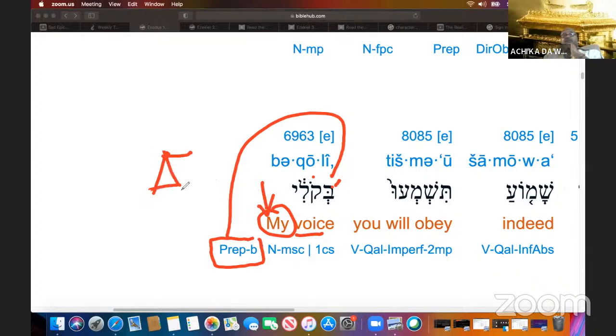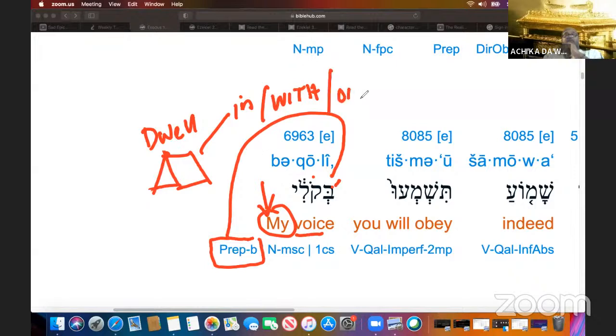Well, the bet is a tent, and the tent means to dwell. And you know, to dwell, you can go in it. It goes with it. That's what the bet is used for. So again, in this English translation, it just says my voice.